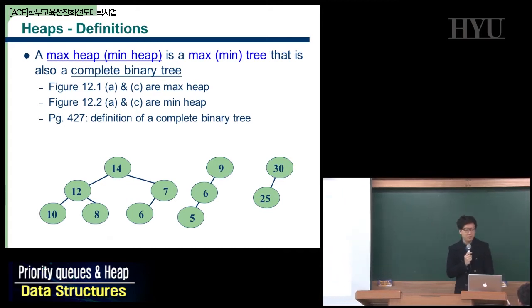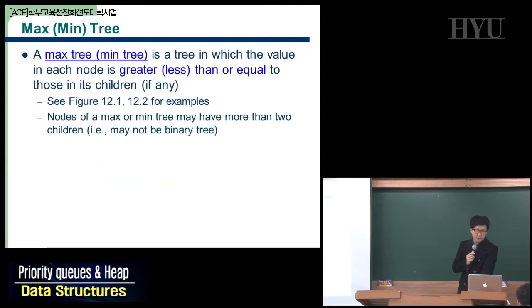So again, the definition of a heap is a max or min tree that is a complete binary tree. So don't get mixed up. A max tree or min tree doesn't necessarily have to be a binary tree. In the general definition of a max tree, you can have multiple edges, multiple nodes as your children.